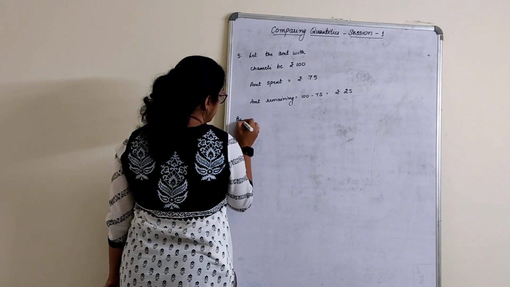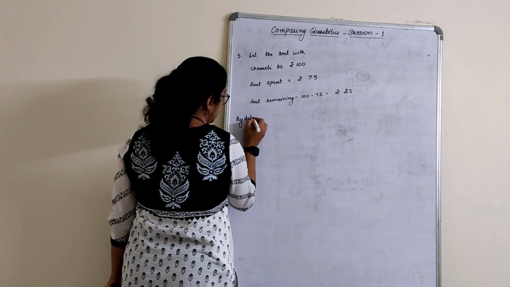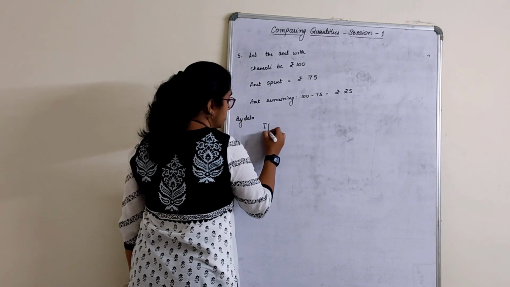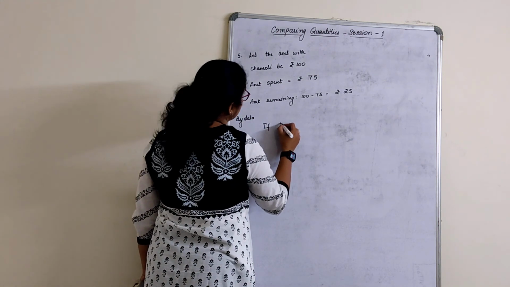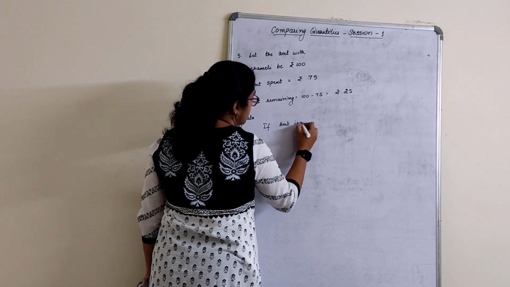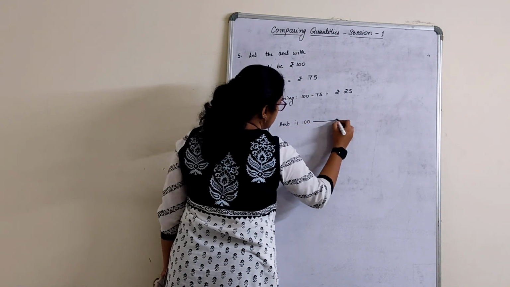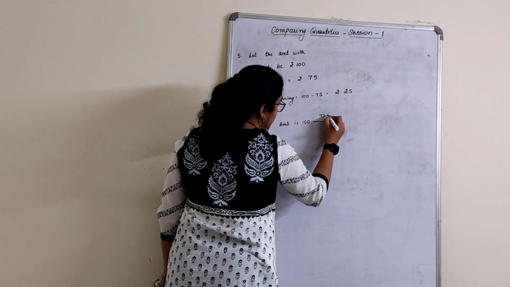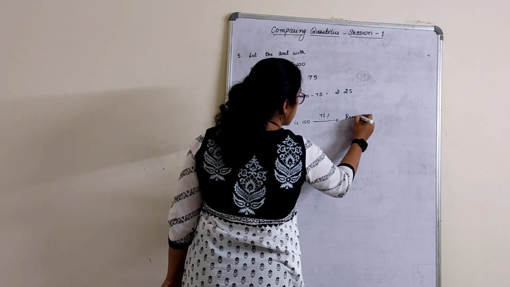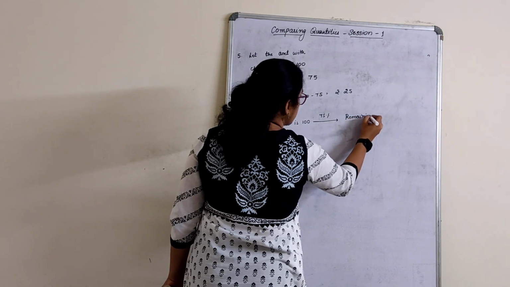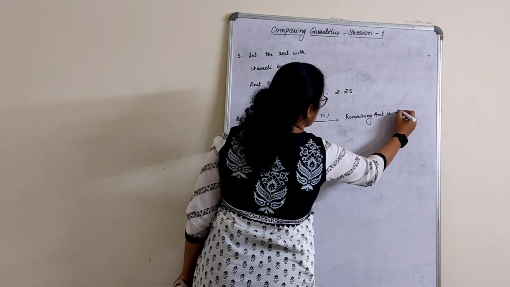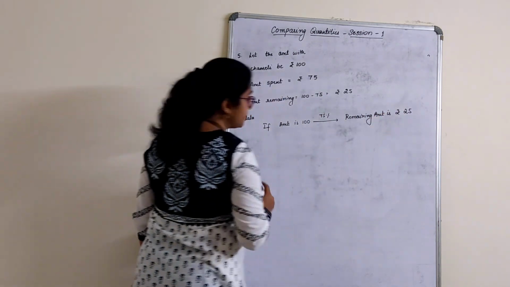By data, remaining amount is so much. By data, if amount is 100 after spending 75%, remaining amount is rupees 25.